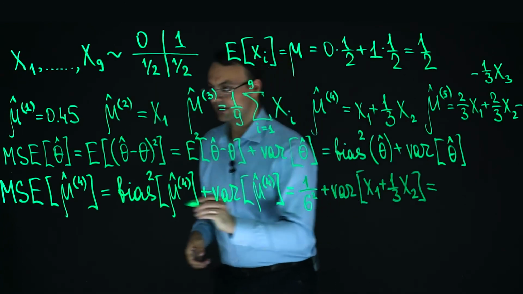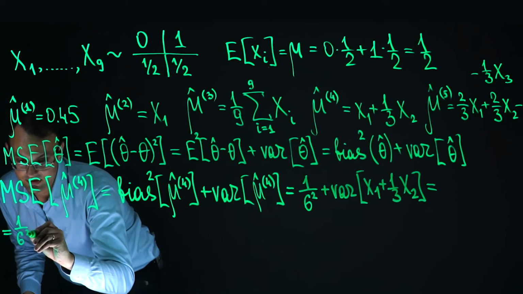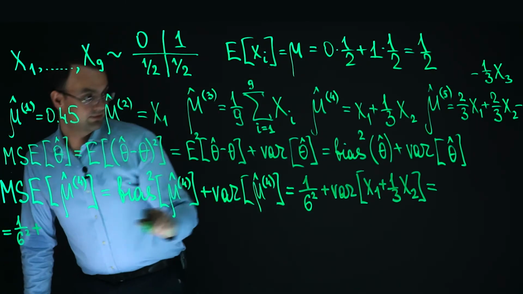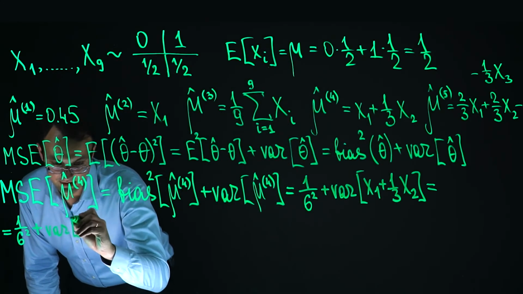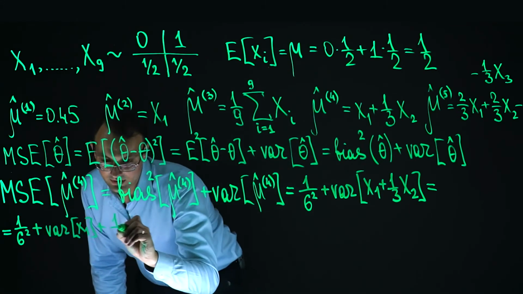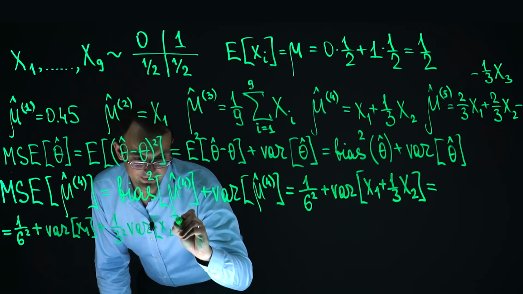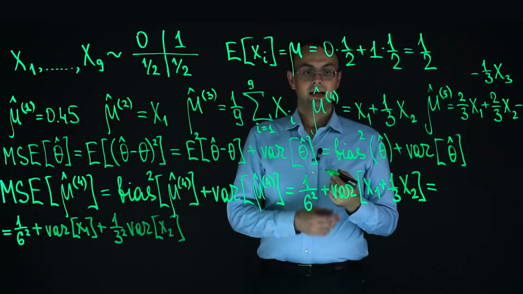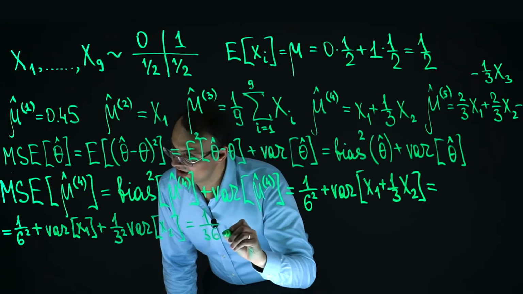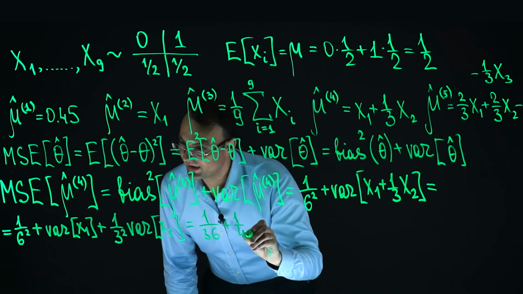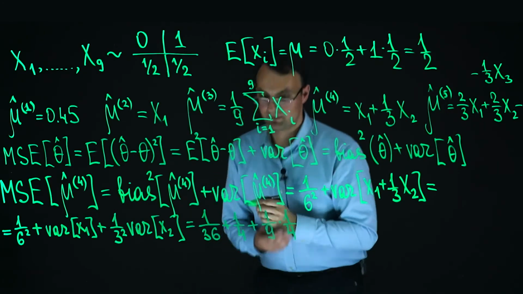So this is 1/6 squared plus the variance of x1 plus 1/3 squared times the variance of x2. Both variances of x1 and x2 are 1/4, so this is 1/36 plus 1/4 plus 1/9 times 1/4.